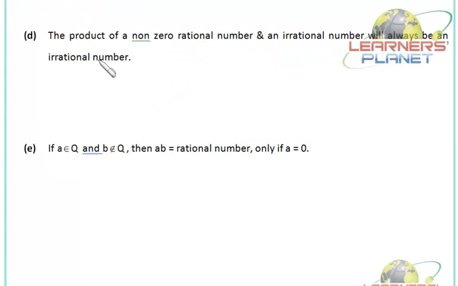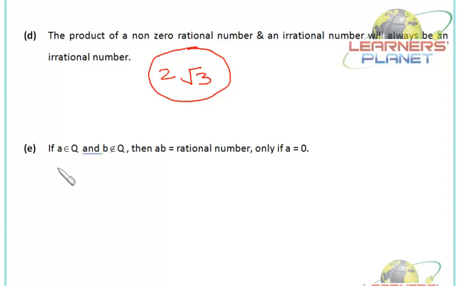Now the product of a non-zero rational number and an irrational number will always be an irrational number. Suppose I have a rational number, that is 2, and an irrational number, that is √3. So their product, that is 2√3, will always be an irrational number.